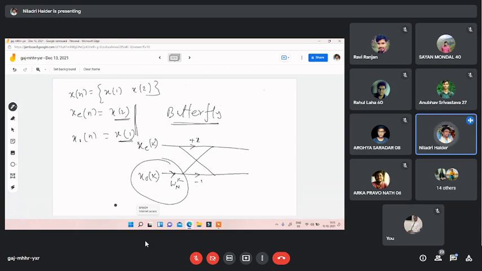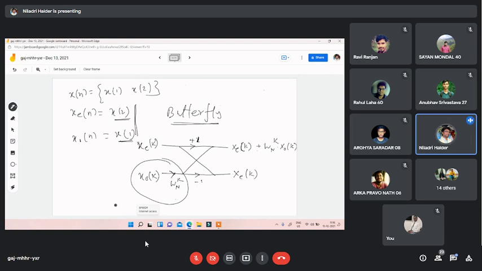You have to make the input in that way, and with respect to that, the output for the upper side you will get XEK plus, as it is plus 1, you will get plus WNK XOK.